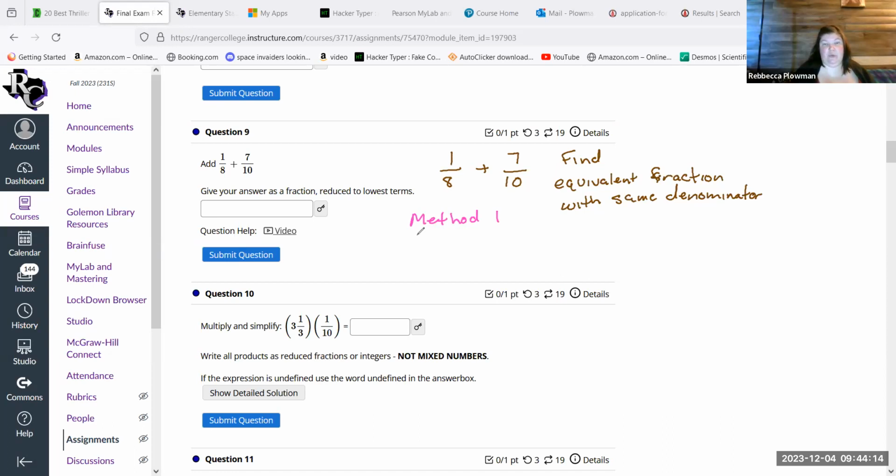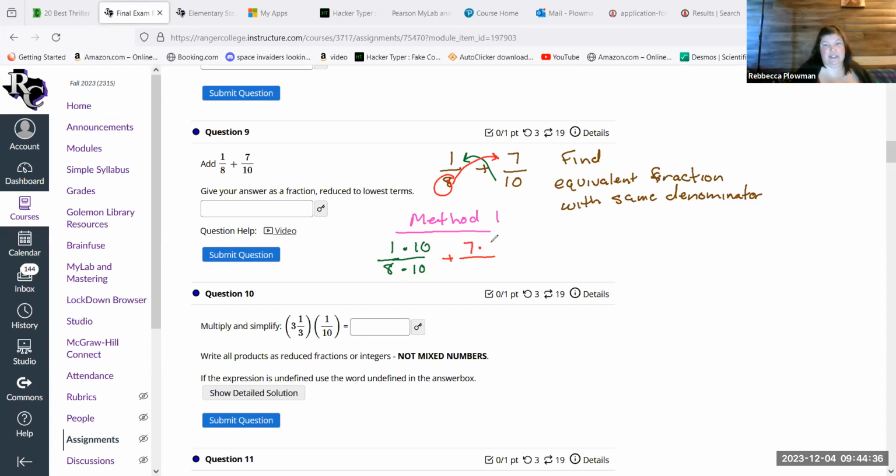So there was method 1, which is basically doing this: I'm going to take this 10 and multiply it to the top and bottom here. So I got 1 over 8 times 10, and then the bottom's times 10. Then I would take this 8 and multiply it to the top and bottom of the other fraction.